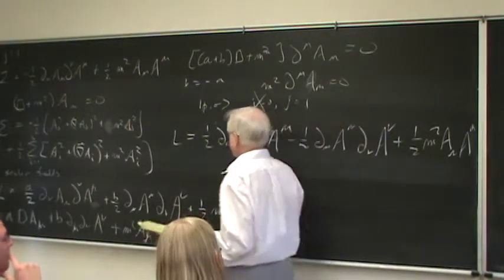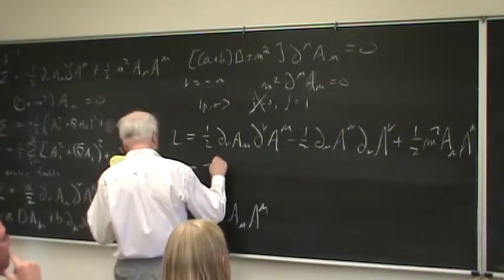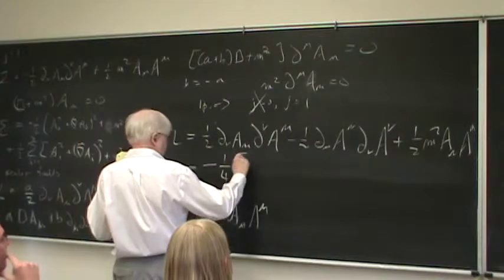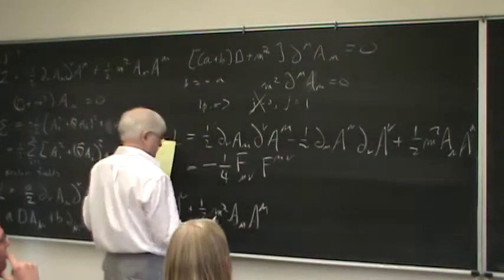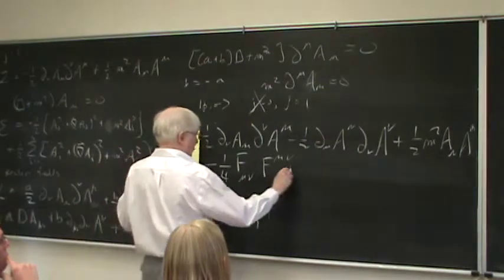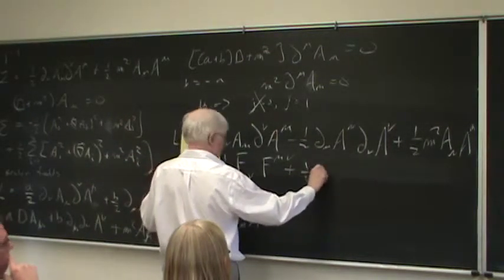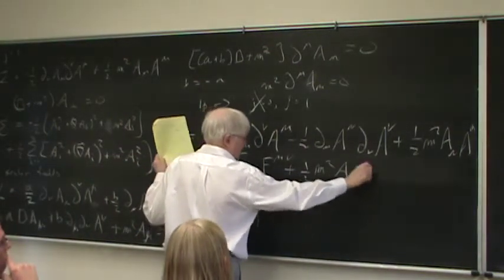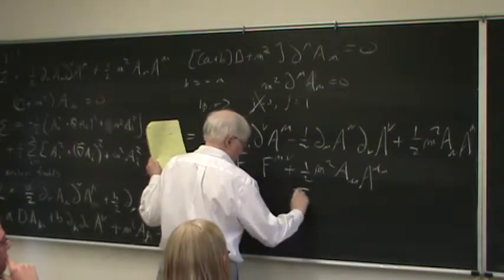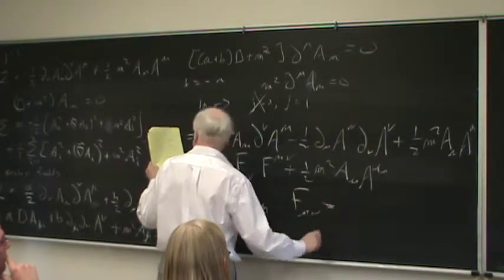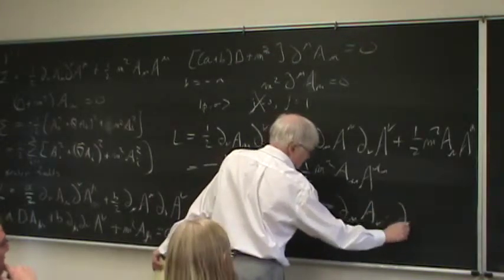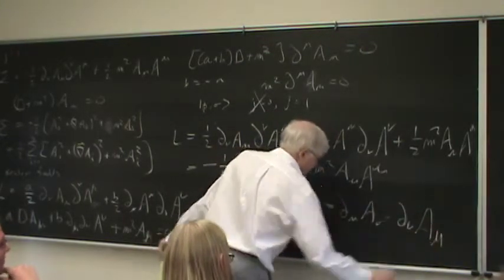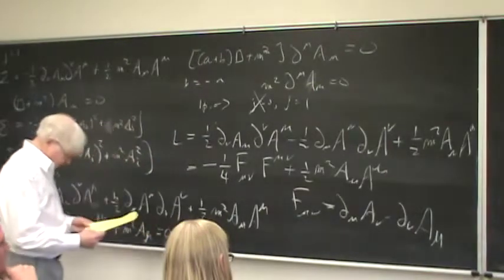And we can rewrite this in a much nicer form, which reminds you of electrodynamics, except for the mass term, of course. And here, F mu nu is d mu A nu minus d nu A mu.